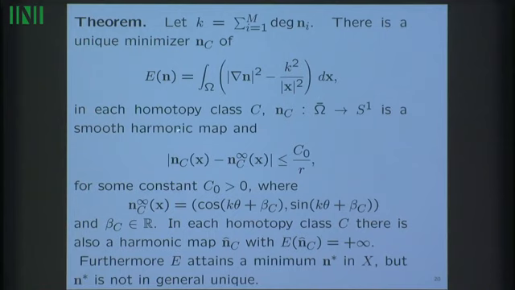It's a smooth harmonic map, and at infinity it tends, with this estimate, to this particular form, cos(k theta plus beta_c), sin(k theta plus beta_c). Beta_c is a constant which is uniquely determined by the homotopy class.